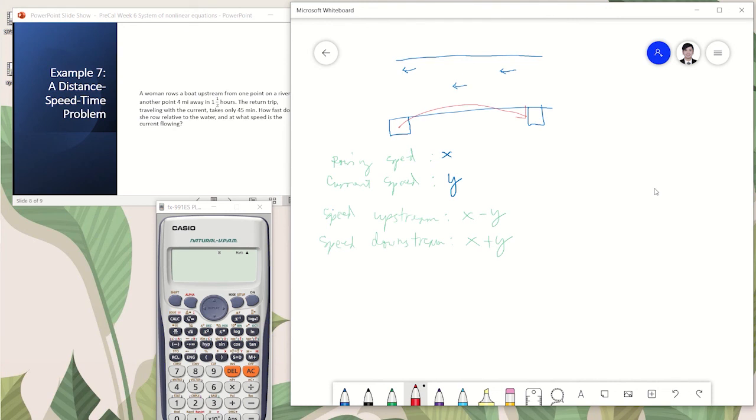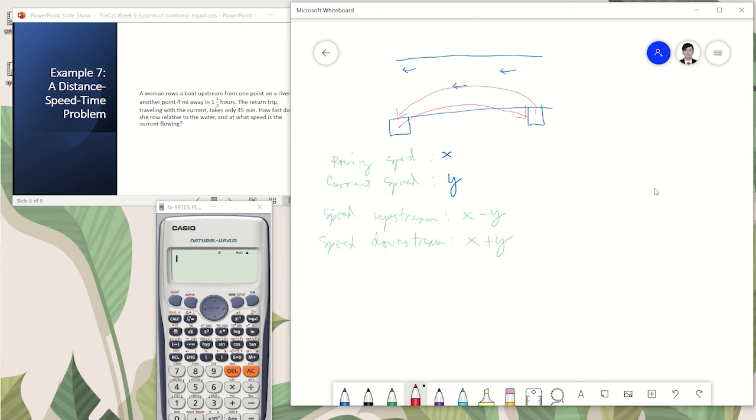Then the speed of the woman downstream from this location to here would be x plus y, because whatever the rowing speed of the woman using the paddle, the river will help her to be faster. So that would be x plus y.